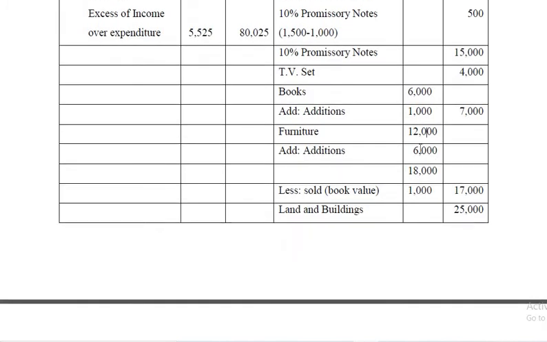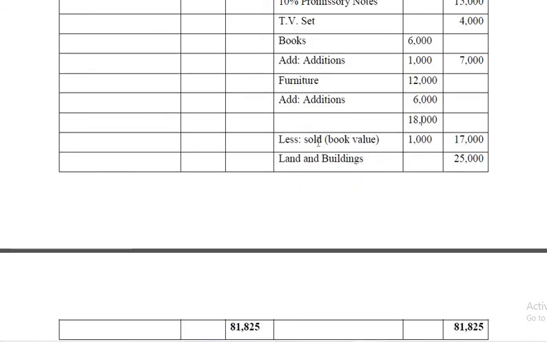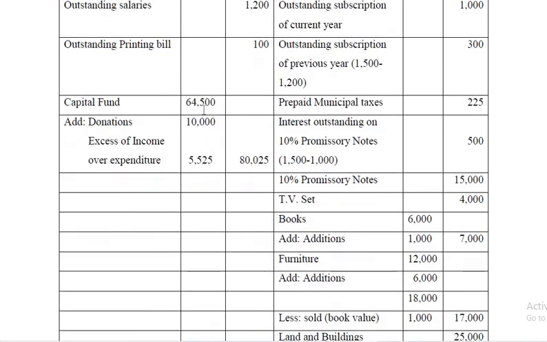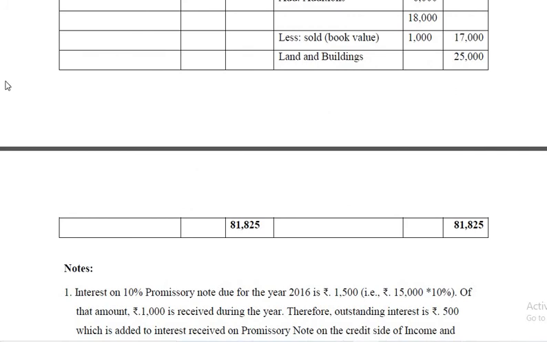Furniture 12,000, addition 6,000, 18,000, less book value of furniture sold 1,000, not the realizable value. Land and buildings 25,000. Here subscription received in advance for next year, but received this year, 500. Outstanding salaries, outstanding printing bill, outstanding at the end of the current year. Capital fund, donations, so totally 81,825.